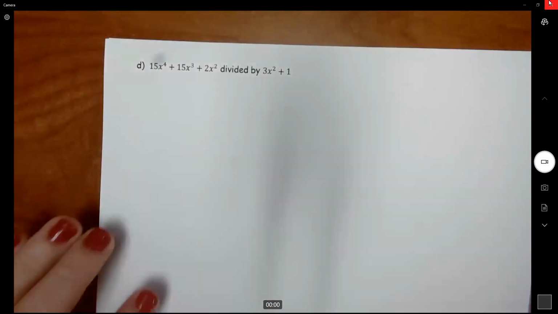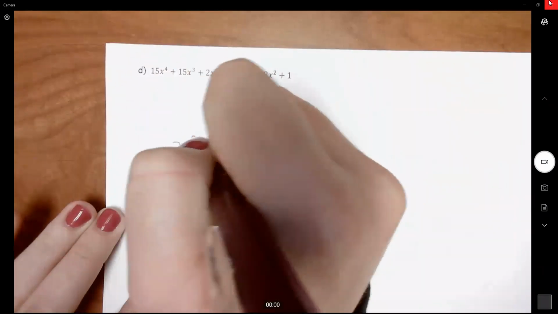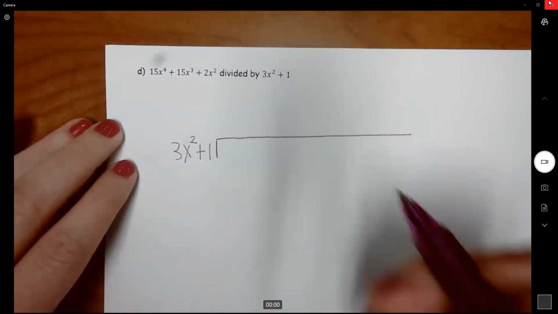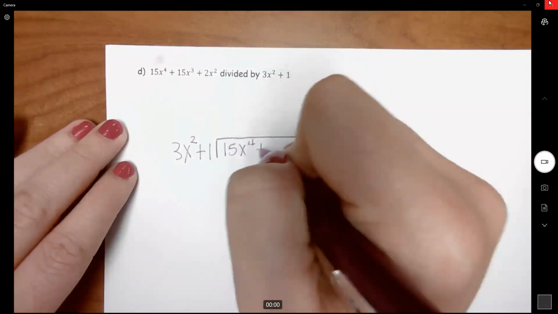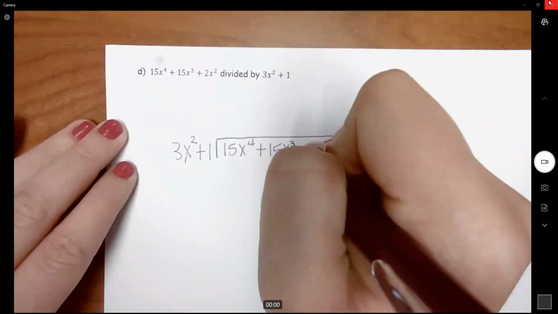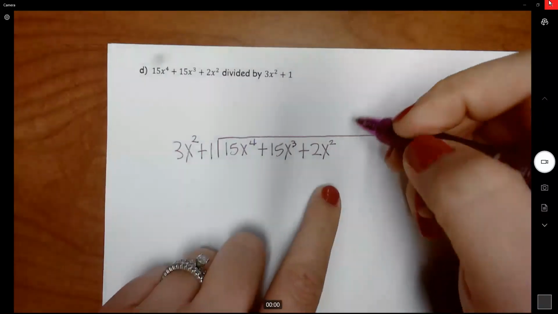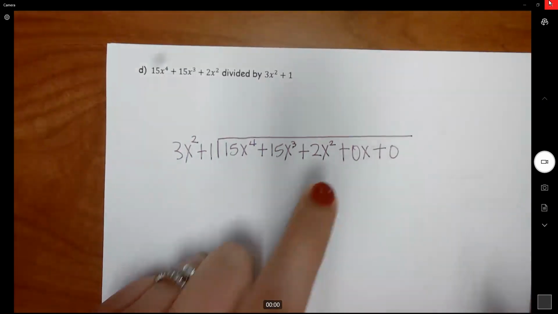So when I put this one on the outside, I need to put some placeholders here. So this is going to be 15x to the fourth plus 15x cubed plus 2x squared. And then we'll have plus 0x and plus 0.